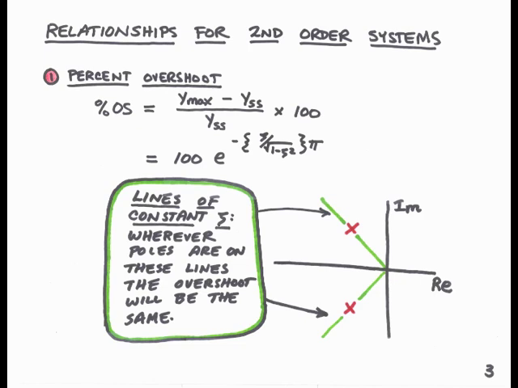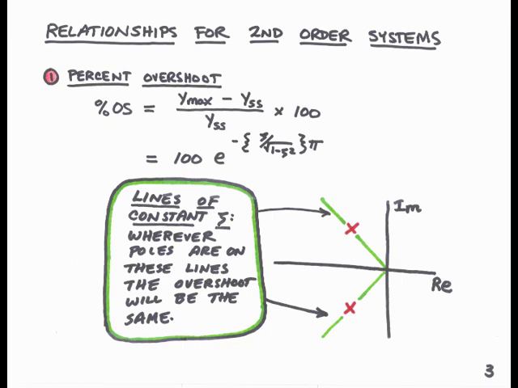We'll now relate these specifications to the pole location of second-order systems. Our first specification is percent overshoot. The max percent overshoot is Ymax minus Y steady state divided by Y steady state times 100.